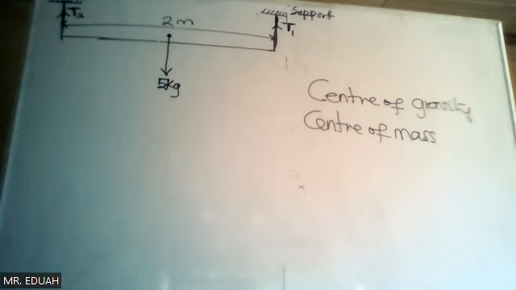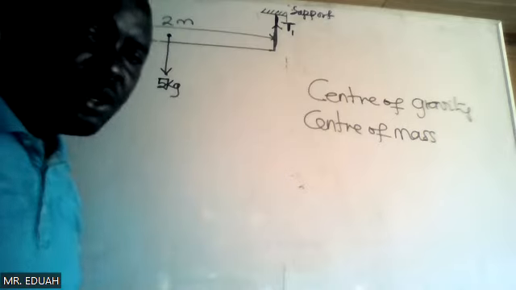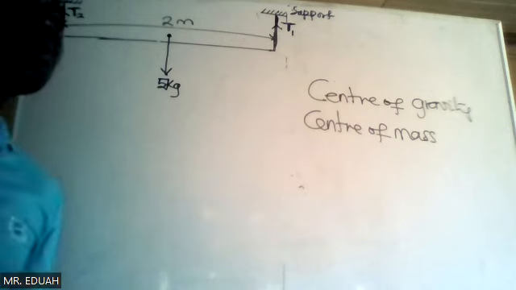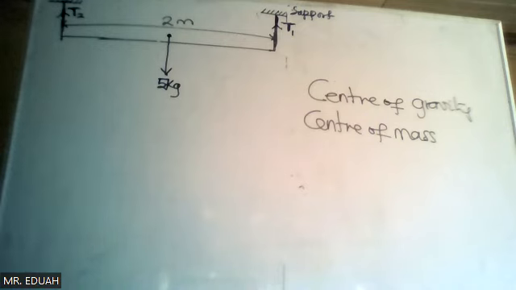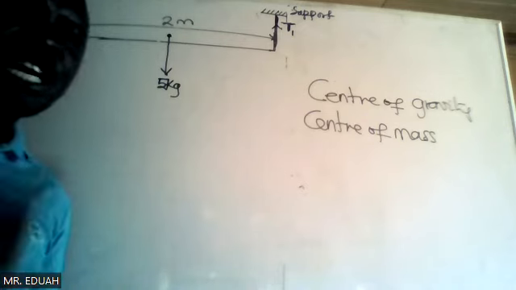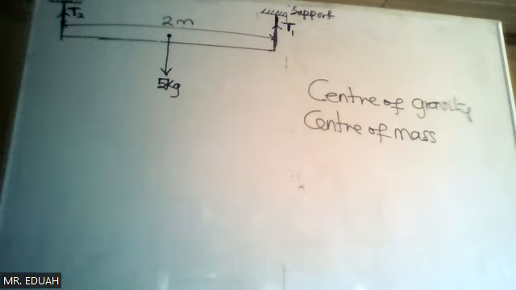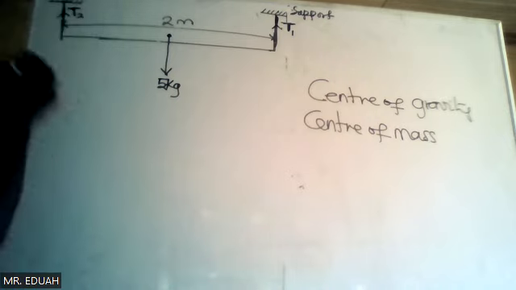Then, if a mass of 4 kilogram is placed 0.4 meter from one end, choose any end. It can be this end, it can be the other end. From one end, so the one end must be chosen by you.